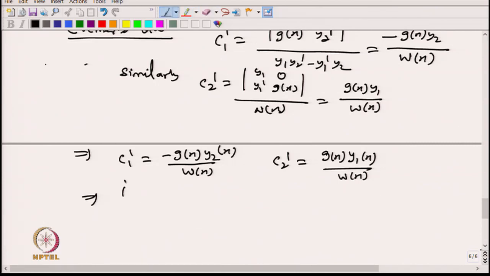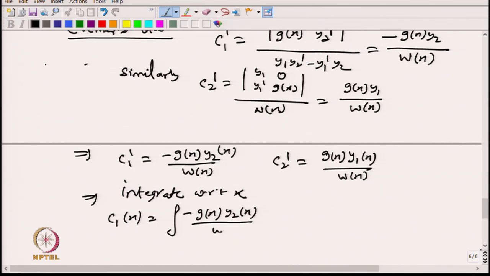Integrate with respect to x both sides. On the left hand side I will get C1 x, and on the right hand side I will get minus integral of G(x) y2(x) divided by W(x) dx, plus C as a constant of integration.